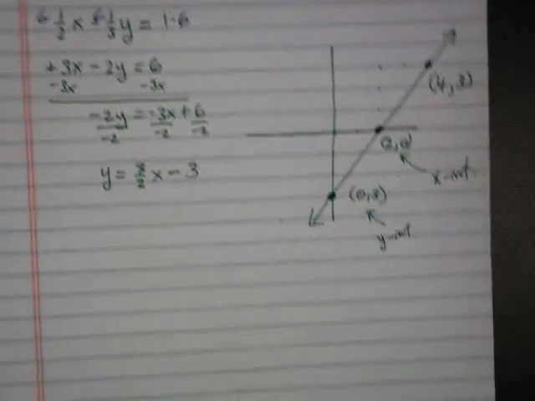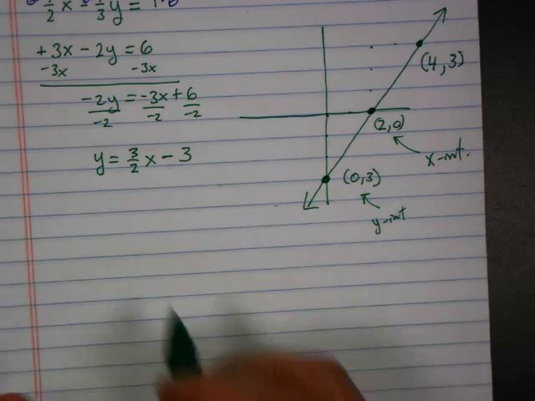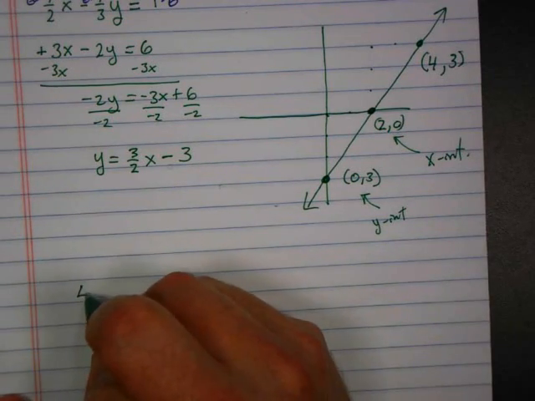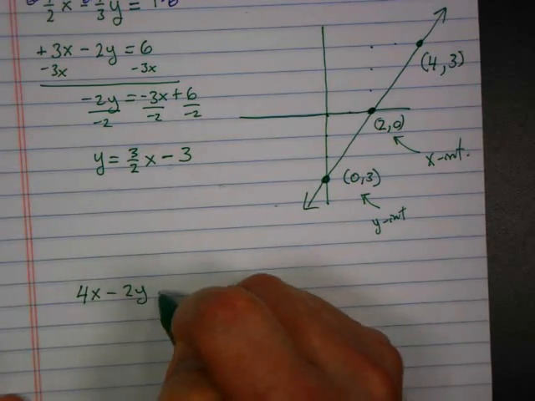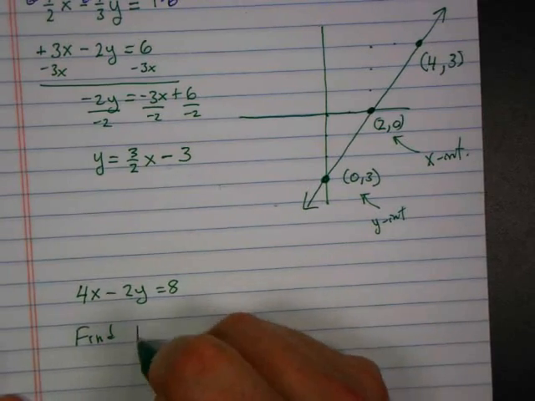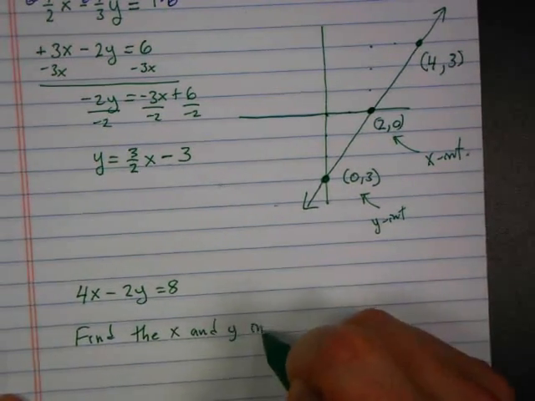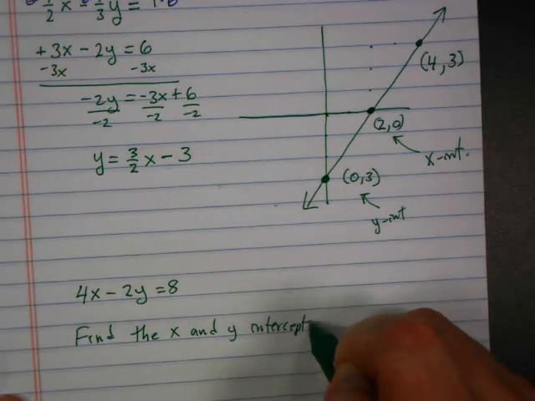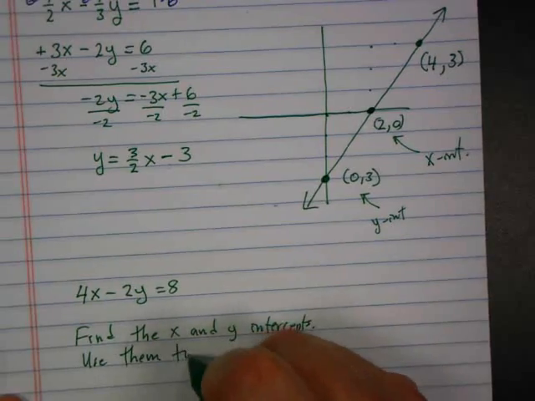The other thing you're going to see in this section is I might give you 4x minus 2y equals 8, and the directions are find the x and y intercepts. Use them to graph.